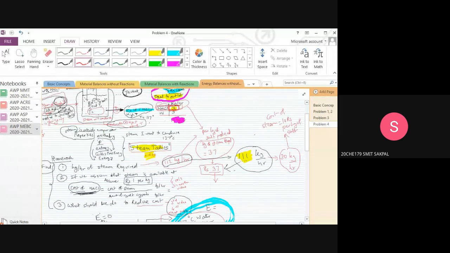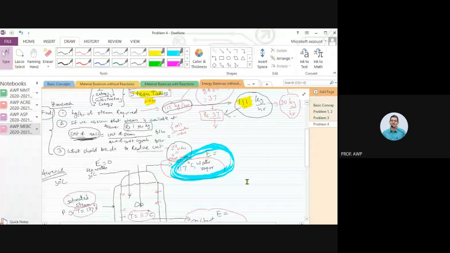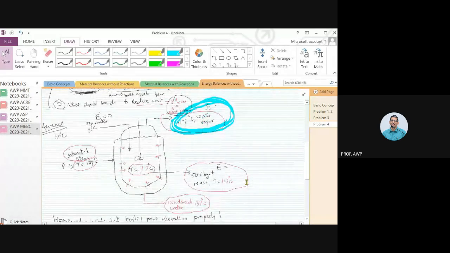Sir, can you repeat? Okay, concentrate. Whatever latent heat we have supplied, more than 85% of it is going here and a small quantity is going here, whether it is 85-15 or 99.5 and 0.5. 99.5 is more than 85, right?